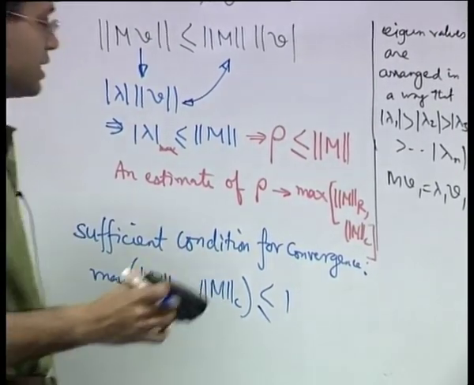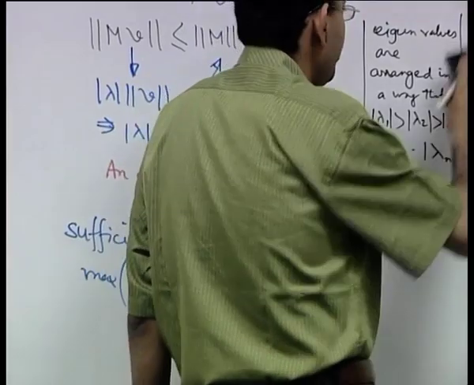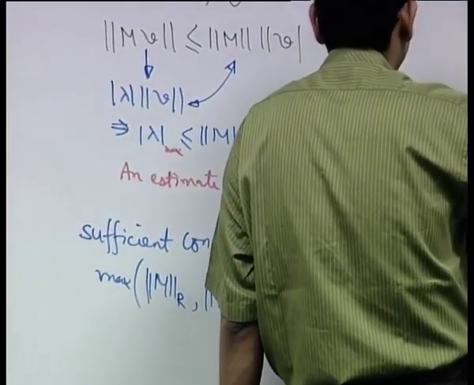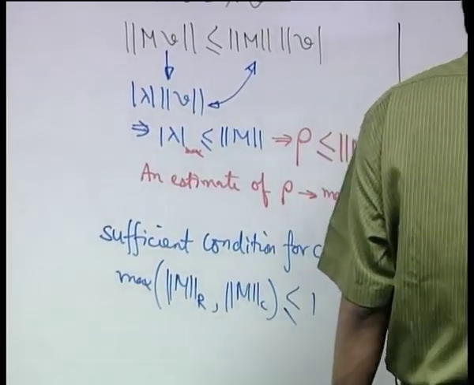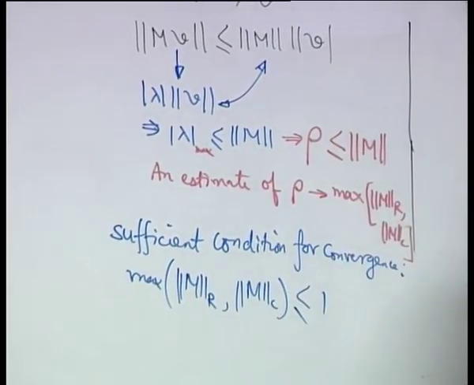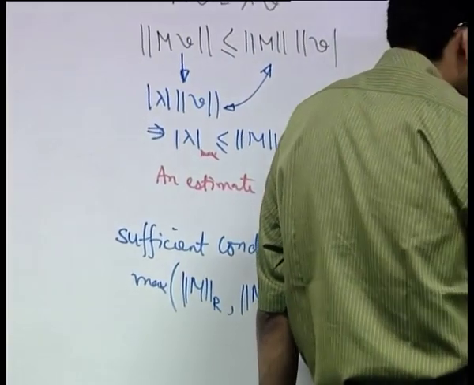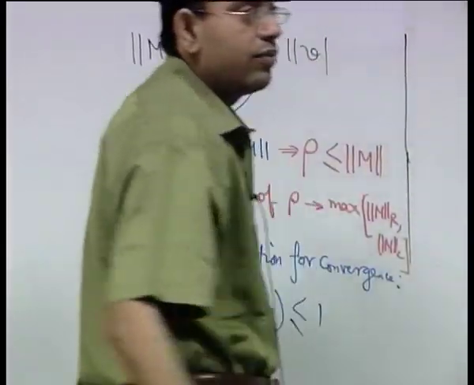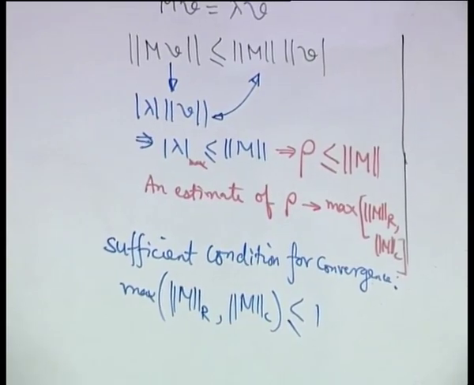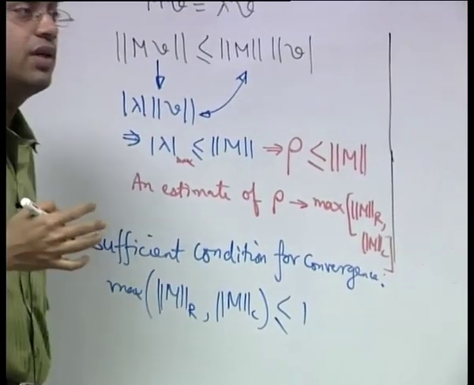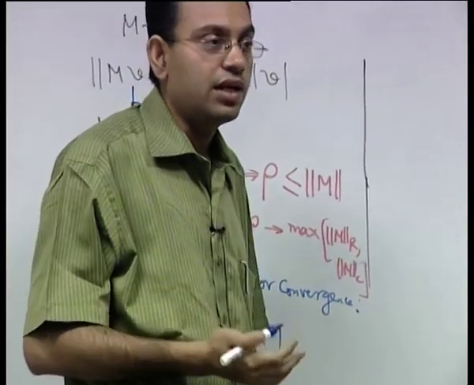Now let us take an example and see what the norm can be for the methods that we have learned so far. We will take the example of the Jacobi's method. Why do we take the Jacobi's method? Again, for estimating the rate of convergence or any convergence criteria, Jacobi's method will give you a conservative estimate, because Gauss-Seidel is faster than the Jacobi's method.